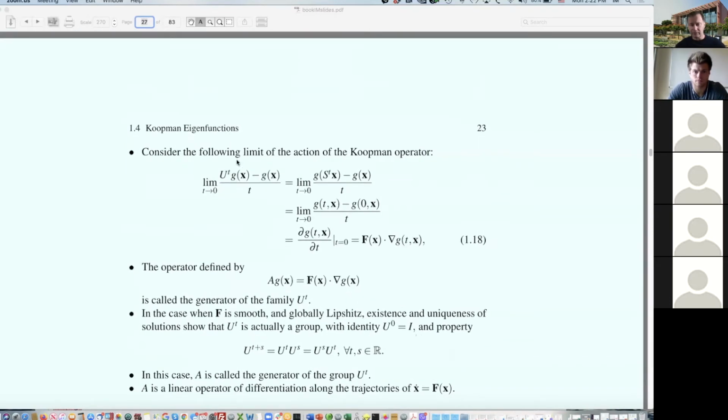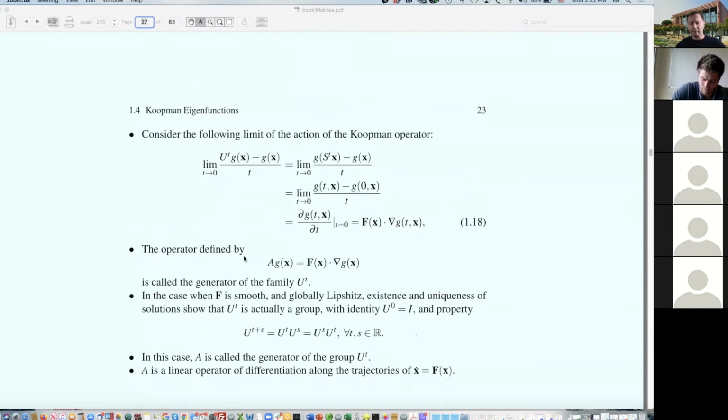We found that this limit of the evolution of the observable G under the Koopman operator minus G itself, divided by t, is precisely f dot grad G. And that gives us an opportunity to say, okay, let's define this operator A acting on G as precisely f dot grad G.